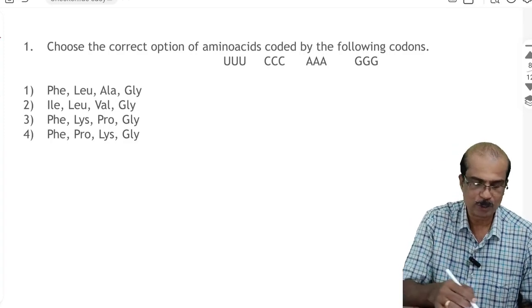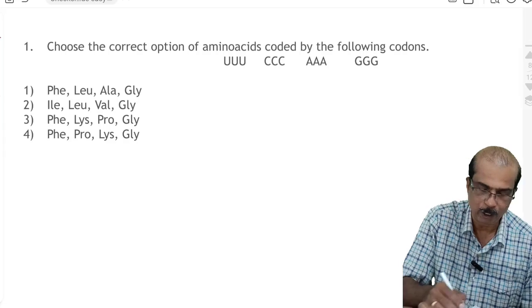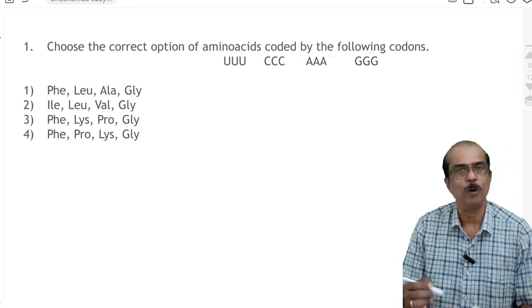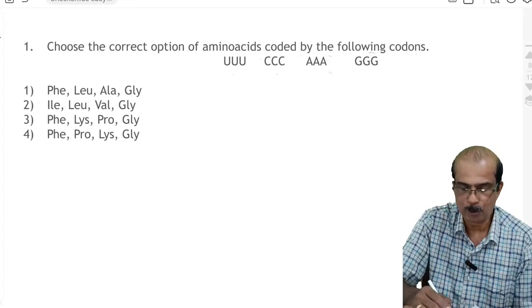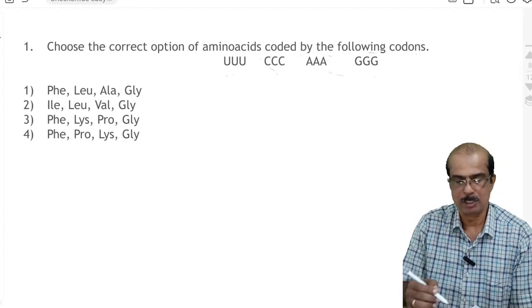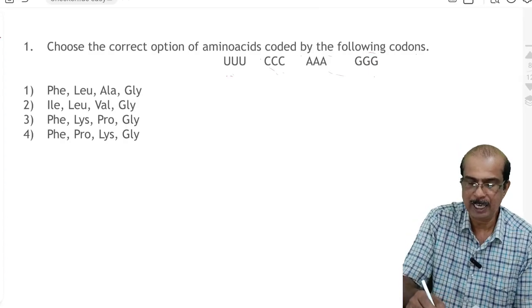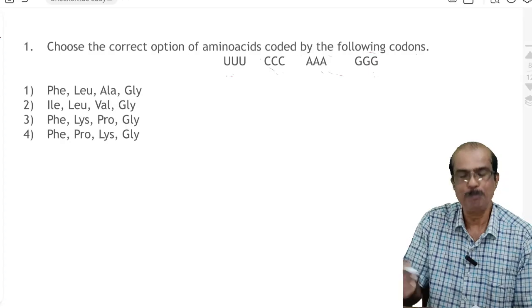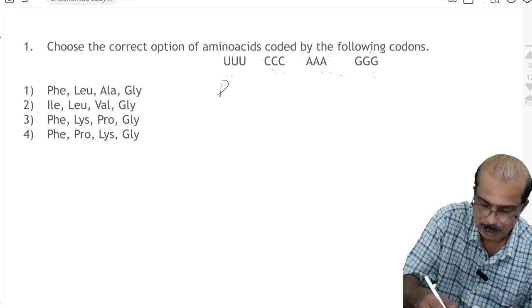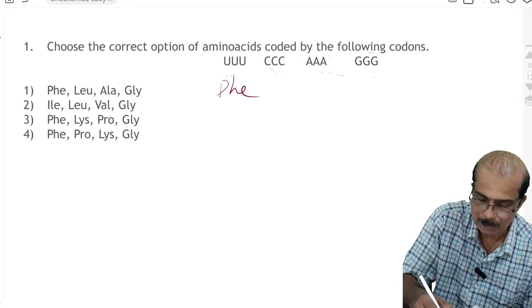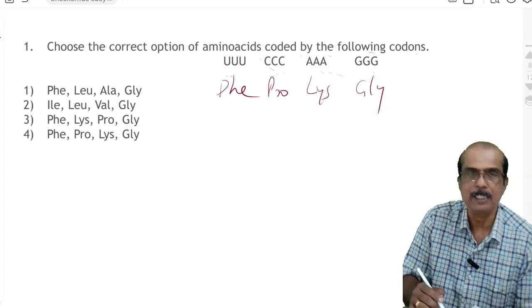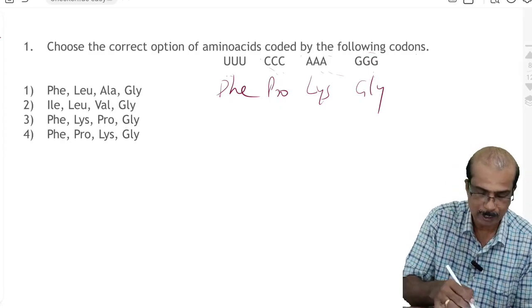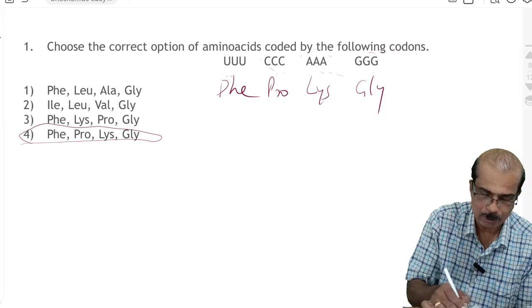Let us see the first question. Choose the correct option of amino acids coded by the following codons. Here 4 codons are given. The codons are homogeneous codons: UUU, CCC, AAA, GGG. You simply know that UUU codes for phenylalanine, CCC for proline, AAA for lysine, GGG for glycine. You can answer the question very easily.